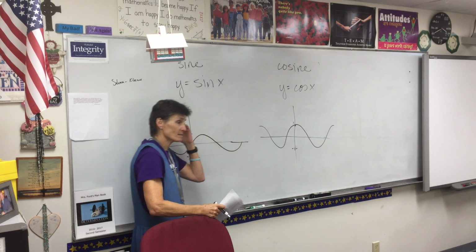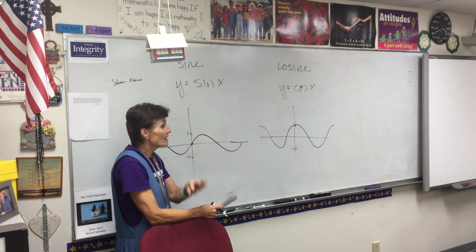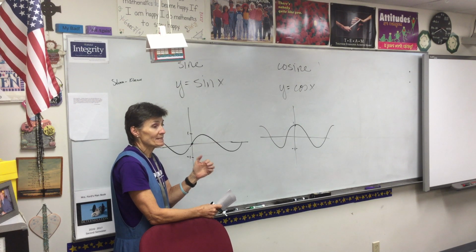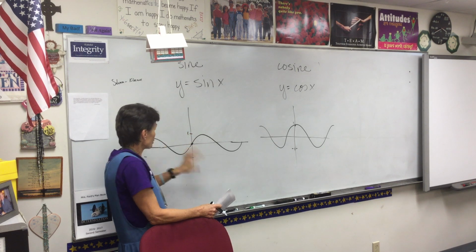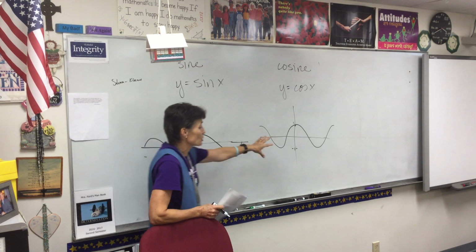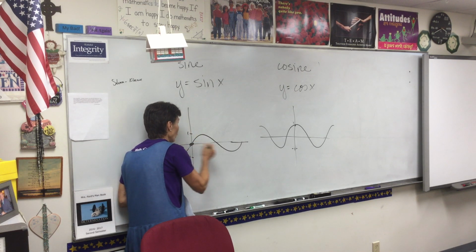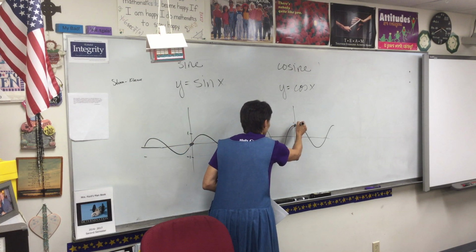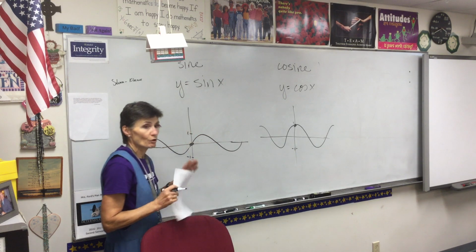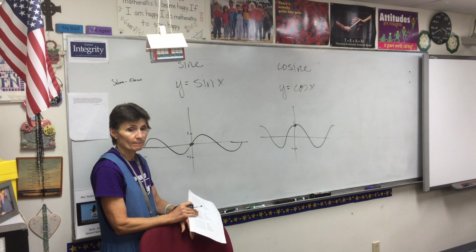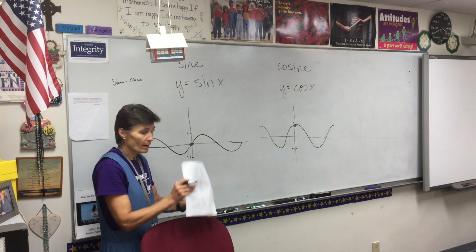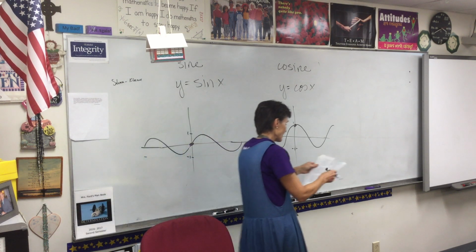So when you are asked to sketch a sine curve, and later in the year we're going to be sketching them much more detailed, but right now, the shape of a sine is this, the shape of a cosine is that. This point is important, and this point is important, because those are your reference points for the sine and cosine. Okay? All right? Okay, now that's sine and cosine.